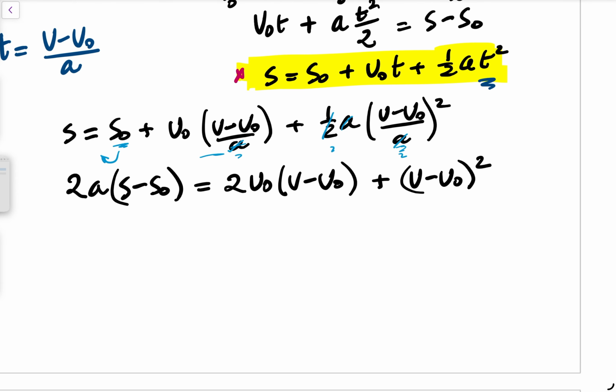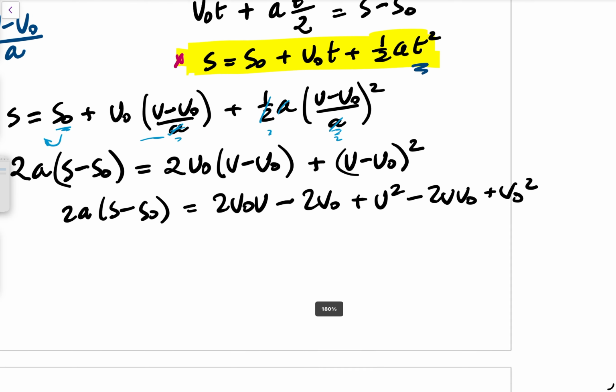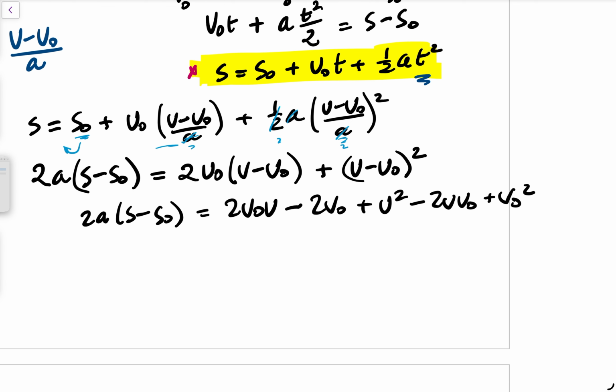All right, so I can still simplify on that right-hand side. So this is the same over here. On this side, I've got a 2v naught v minus a 2v naught v plus a v squared minus 2v v naught plus a v naught squared. Okay, so let's see what we can combine here.